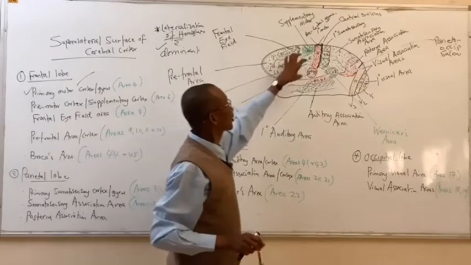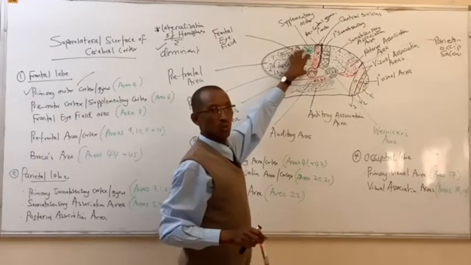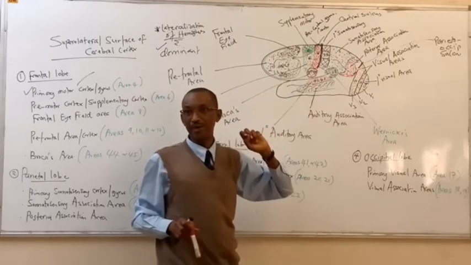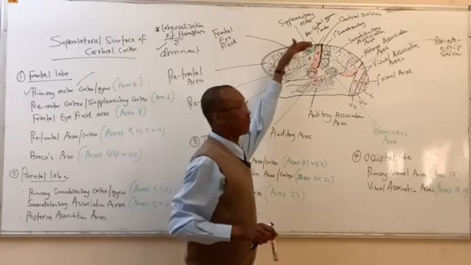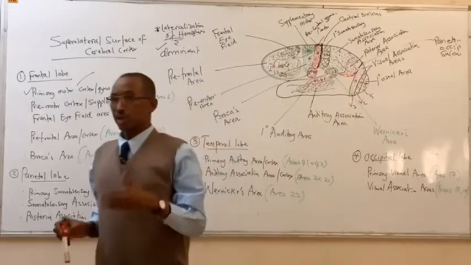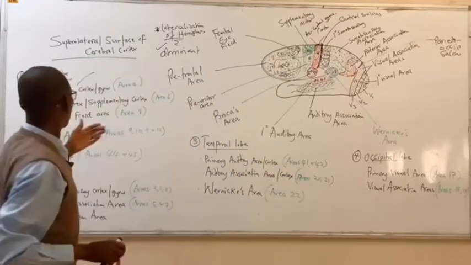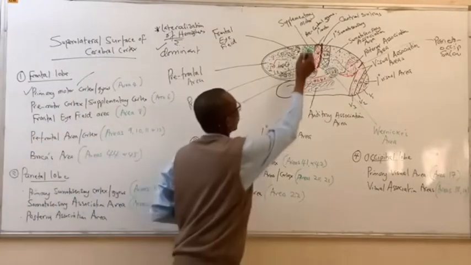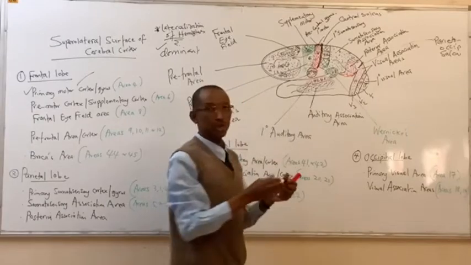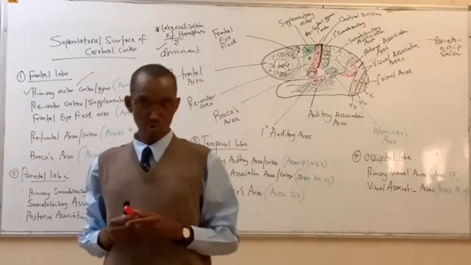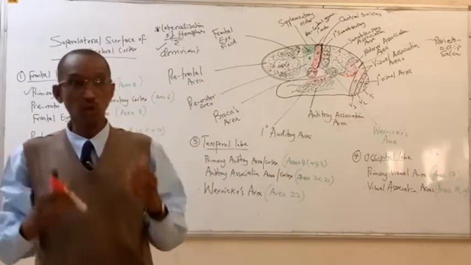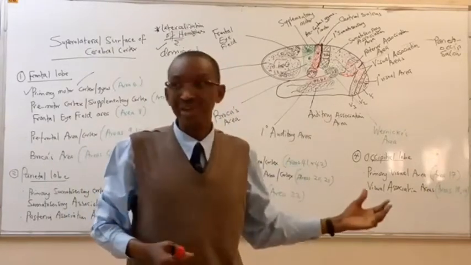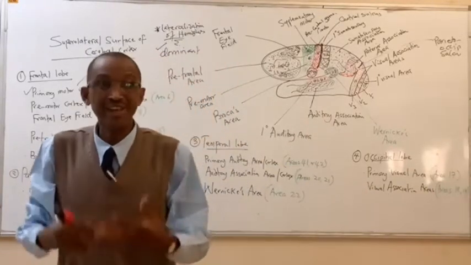But just above this premotor cortex is an area called the supplementary motor area. This supplementary motor area, which is this one, is responsible for our primitive movement. Even that primitive movement needs planning and sequencing.